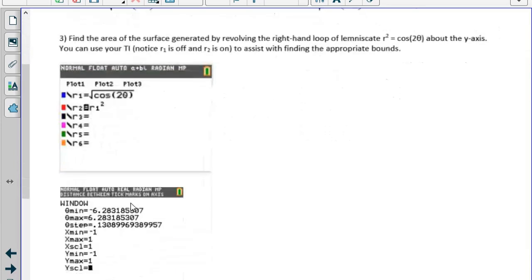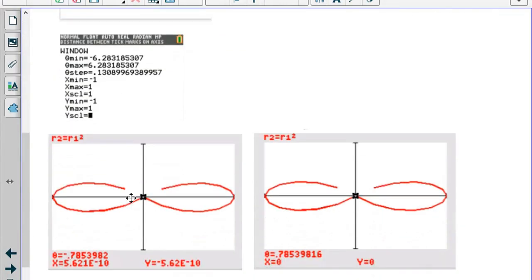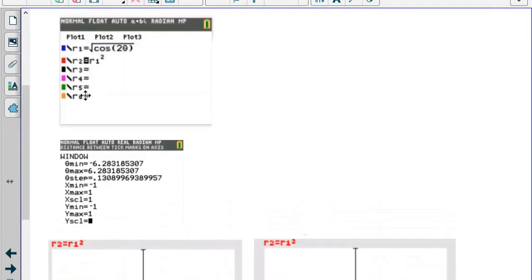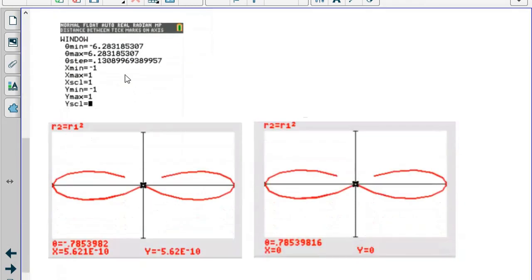So when you graph this on the calculator, I actually did it and I showed you what my window was and what my theta min and max were. But notice that there are going to be some things that the calculator can't handle. That's because when you type this in, you're dealing with a square root. It doesn't actually have r squared on one side. So you have to kind of live with the best thing you can.